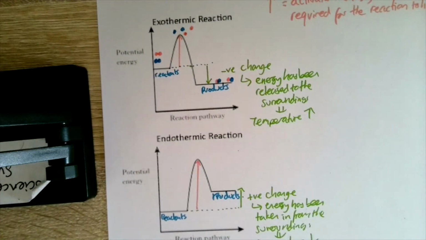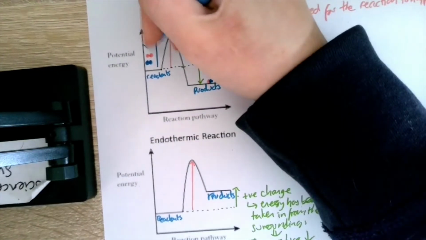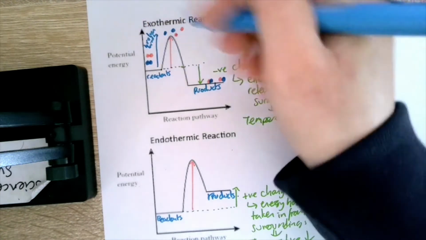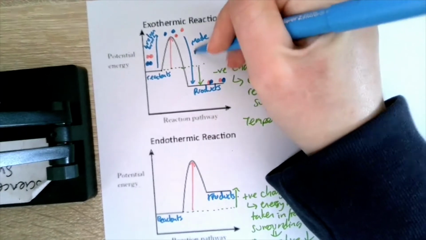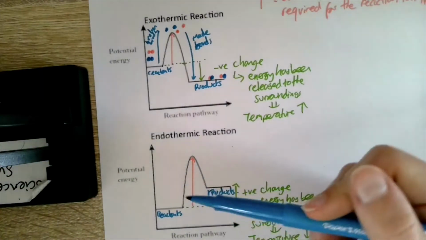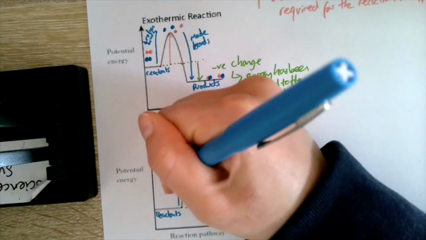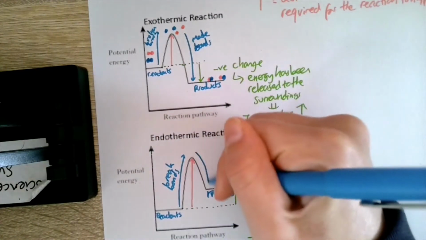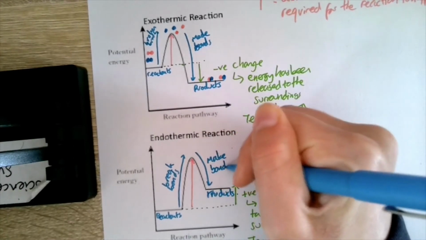So going up, we have broken bonds, and going down we have made bonds. And this is the same whether it's exothermic or endothermic. So going up we break bonds, and going down we are making bonds.